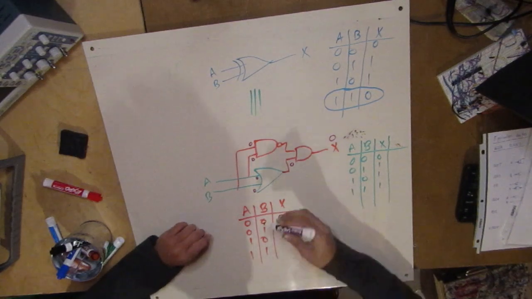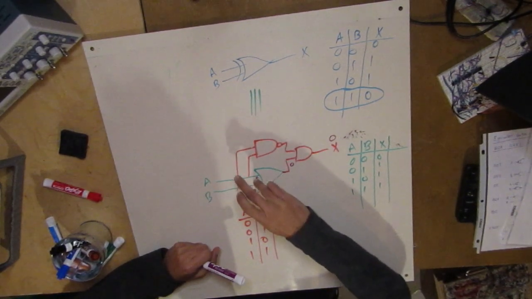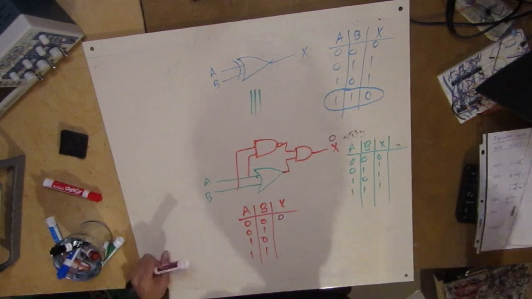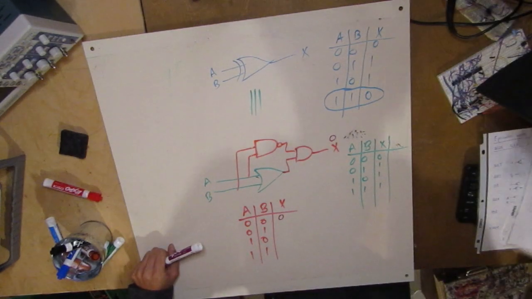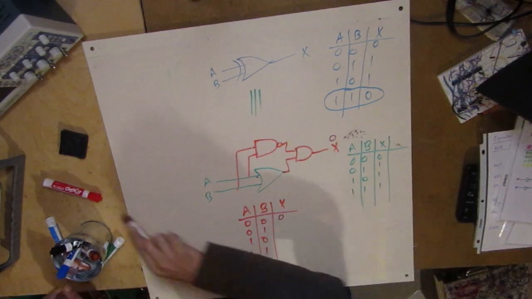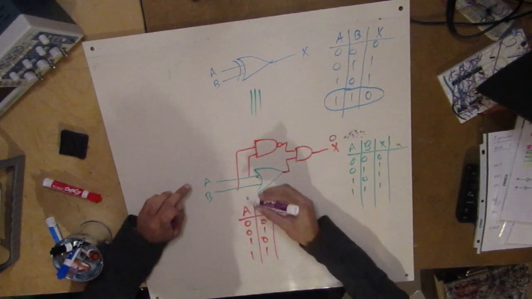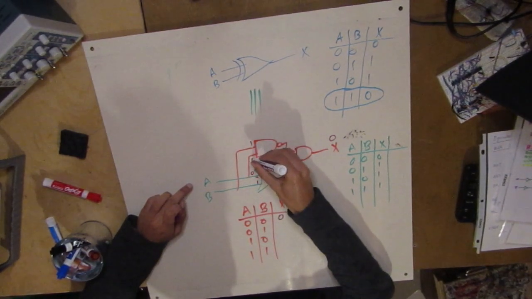Okay, let's do the next condition. So let's erase all this and get rid of that. And let's go to the next condition where A is a 0 and B is a 1. We get a 1 here and a 0 there.